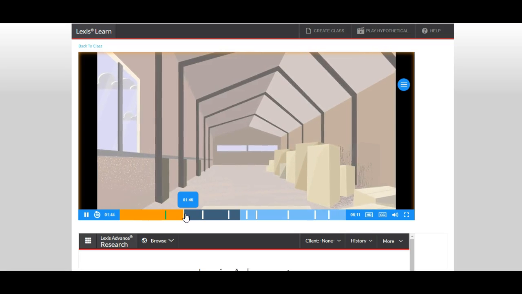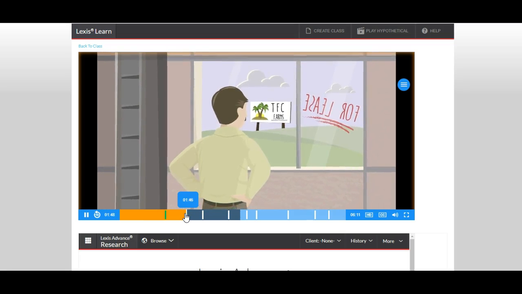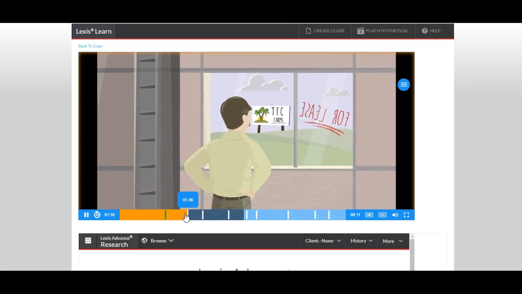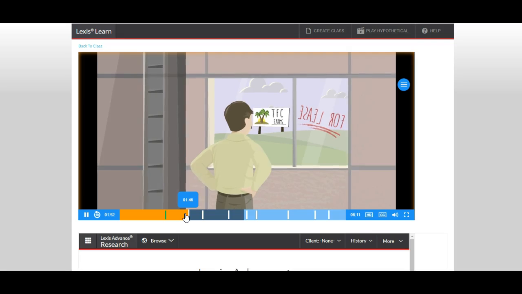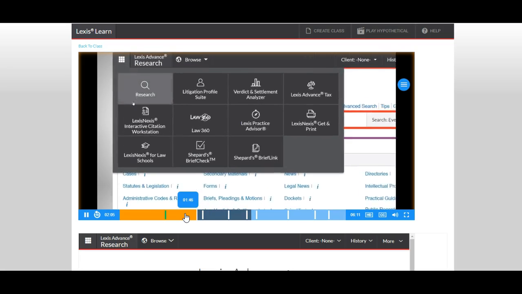Because of the uncertain nature of this business, he may want to terminate the lease prior to the end of the term. He has requested the lease include a form of surrender agreement as an exhibit. You've never drafted an industrial lease before and have never heard of a surrender agreement, so you need some practical guidance before you start writing. You access a practical guidance tool.